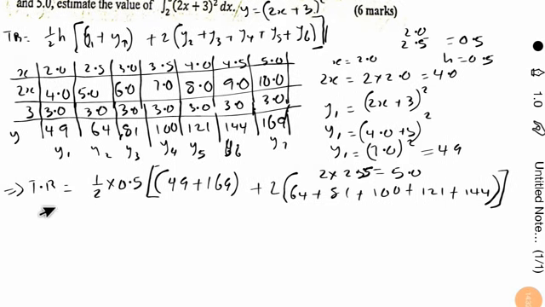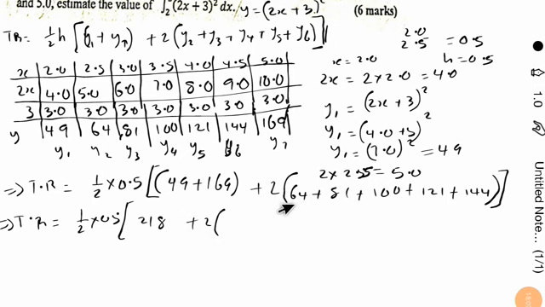So now let's add this together. We have 49 plus 169. Therefore the trapezium rule is equal to 1 over 2 multiplied by 0.5. We open the big bracket, and here this plus this gives us 218, plus 2 open bracket.